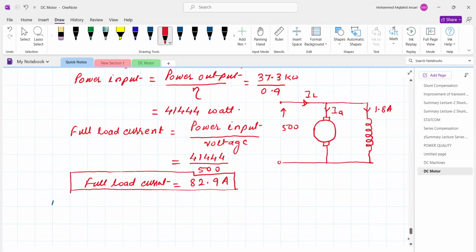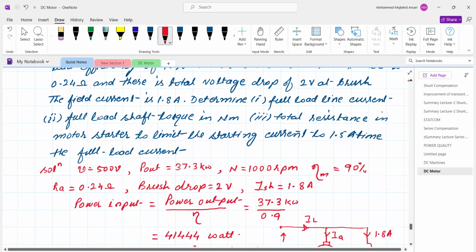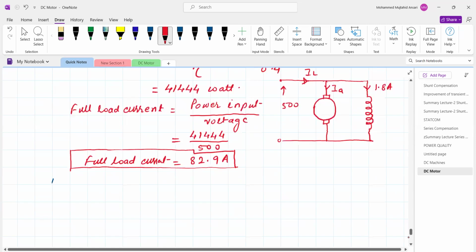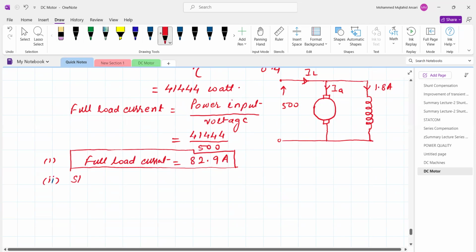Now we want to calculate different parameters like shaft power output. So what are the parameters to be determined? First is the full load current. Second is the full load shaft power, shaft torque.